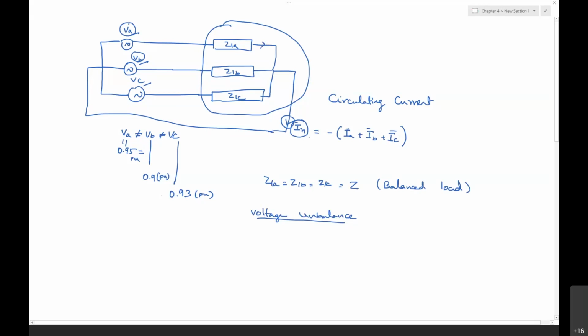Then your neutral current is going to have the flow of minus of IA bar plus IB bar plus IC bar.